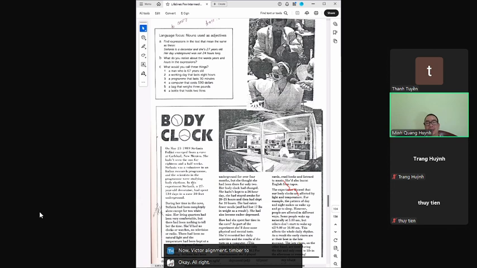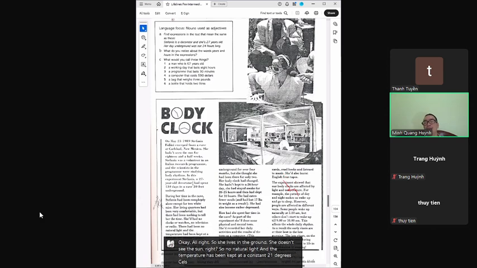Okay. Right, so she lives in the ground, she doesn't see the sun, right? So no natural light. And the temperature has been kept at 21 degrees Celsius. So the temperature is always the same, right? She doesn't see the light, she stays there for 4 months. Alright, good. So what were the results of the research?